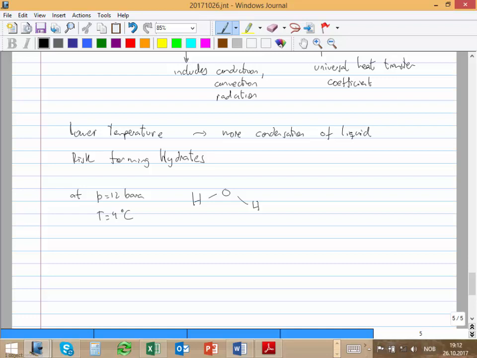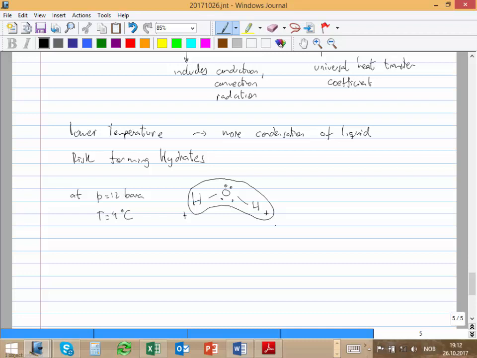It's a guy that likes too many electrons, and he has two here. So it has a very negative charge, and the hydrogens end up with a positive charge. So this behaves like an electrical pole, plus and minus.